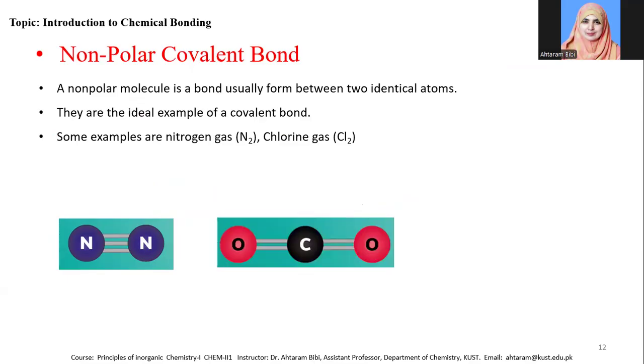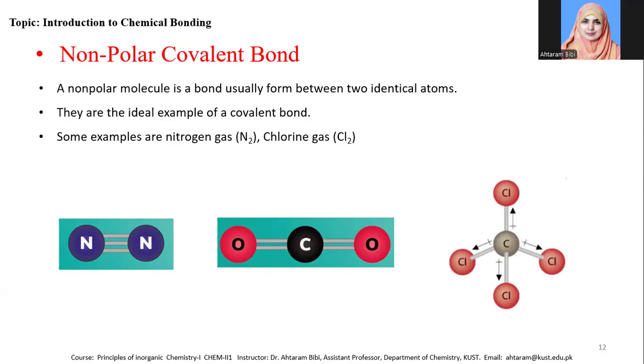In the carbon dioxide molecule, oxygen is relatively more electronegative as compared to the carbon atom. But as the dipole moments cancel each other, the carbon dioxide molecule is also considered a non-polar covalent molecule.